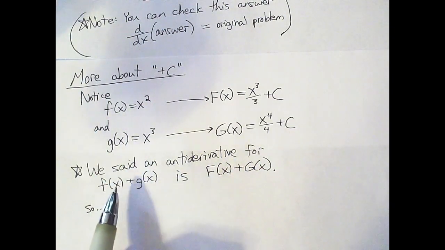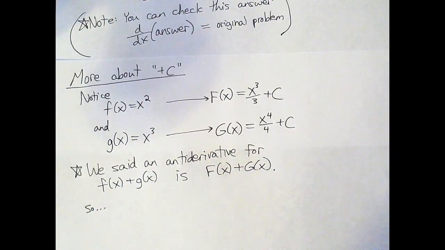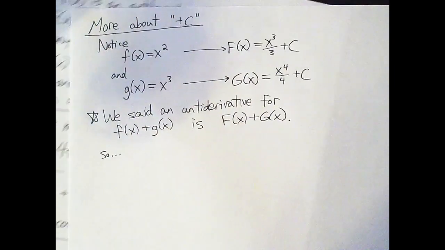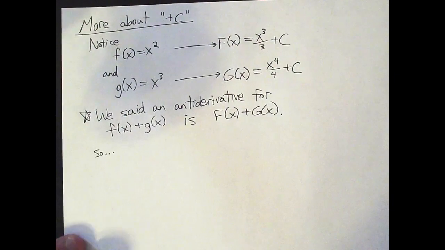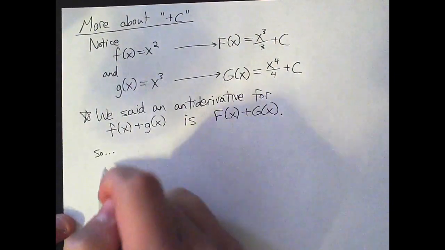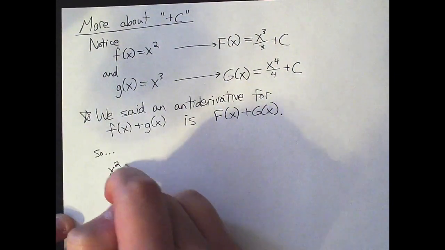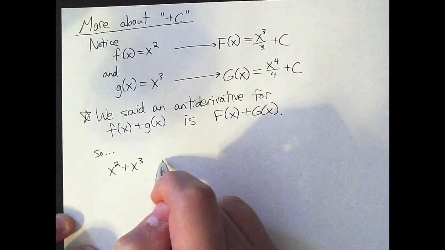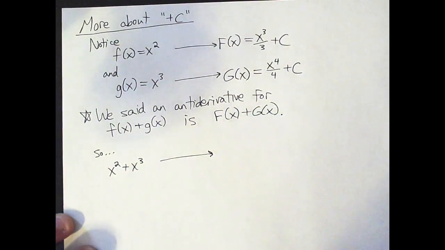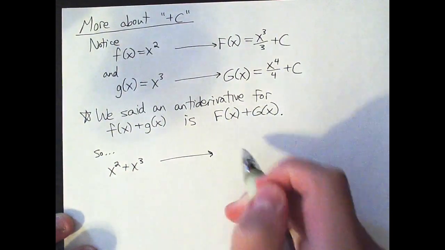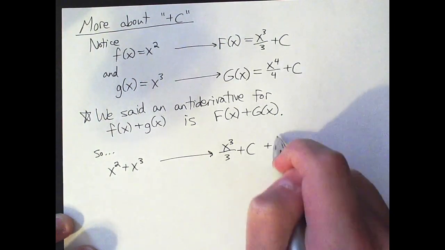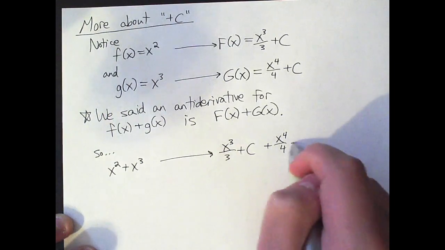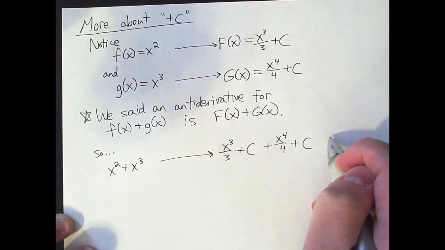Like if I wanted the most general antiderivative of lowercase f of x plus lowercase g of x, like x squared plus x cubed. If I wanted the most general antiderivative of that, should I just add these answers together? That would look like x cubed over 3 plus c plus x to the 4th over 4 plus c. I'm going to put a question mark next to this.